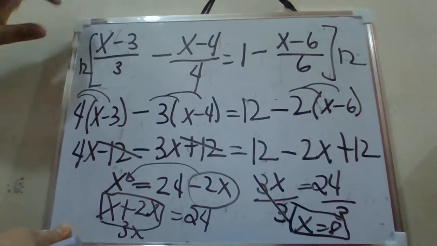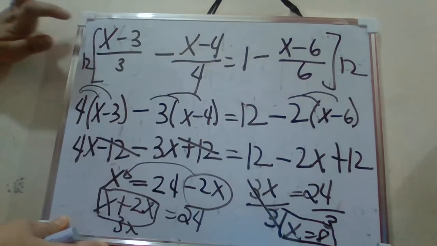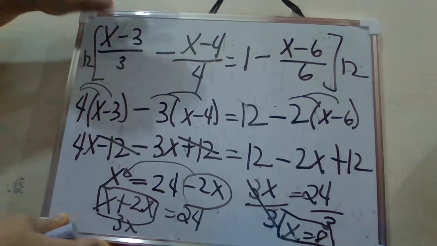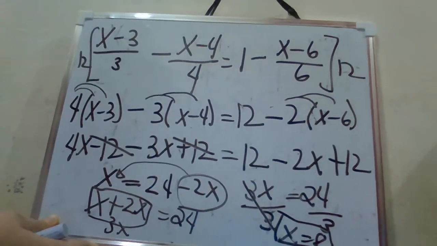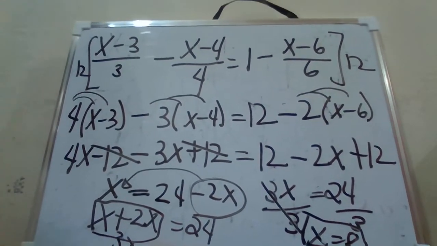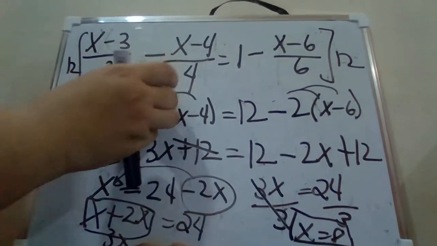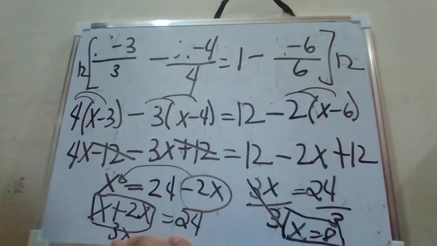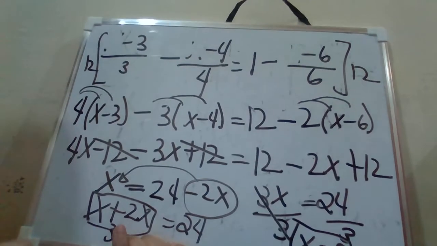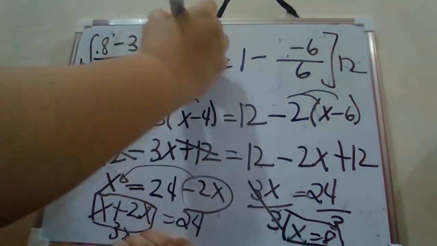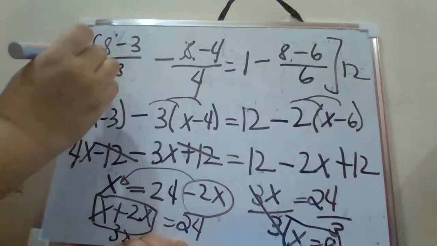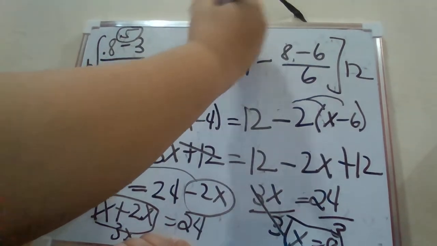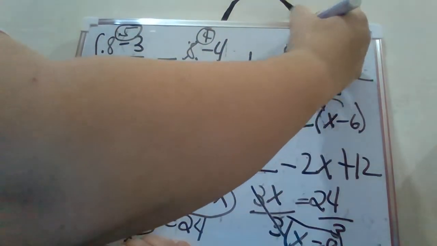You may now try to check whether it is correct. So x is 8. Let's substitute x with 8. 8 here, 8 here, and 8 here. 8 minus 3 becomes 5. 8 minus 4 becomes 4. 8 minus 6 becomes 2.